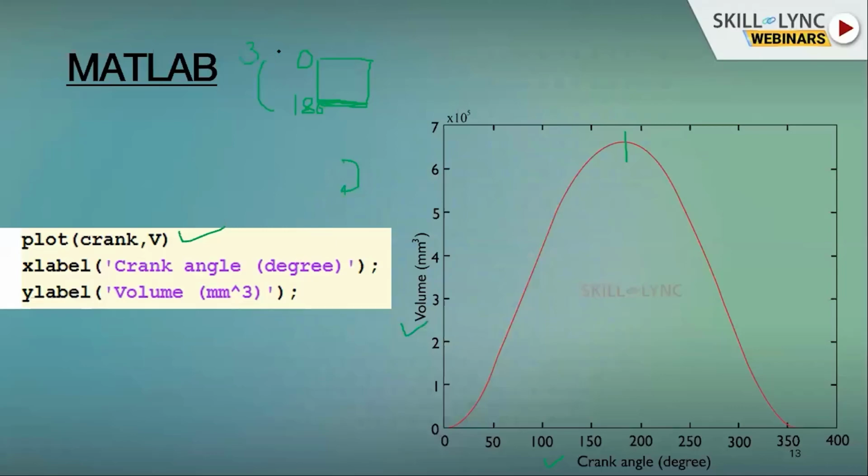So this becomes one revolution, which means the piston is going to move twice for one revolution. 0 means it is at the top, 180 means maximum, that's true, and 360 means again minimum.